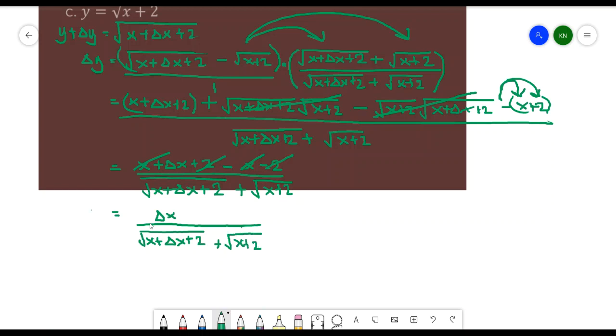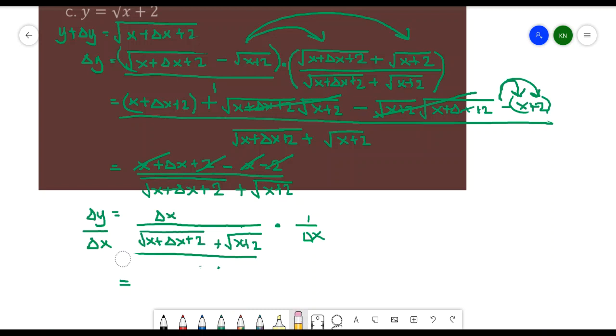So afterwards, after we have transformed or simplified the function, we can now divide both sides by delta x. So dividing both sides by delta x, dividing a fraction again, that is just multiplying that by 1 over delta x, right?